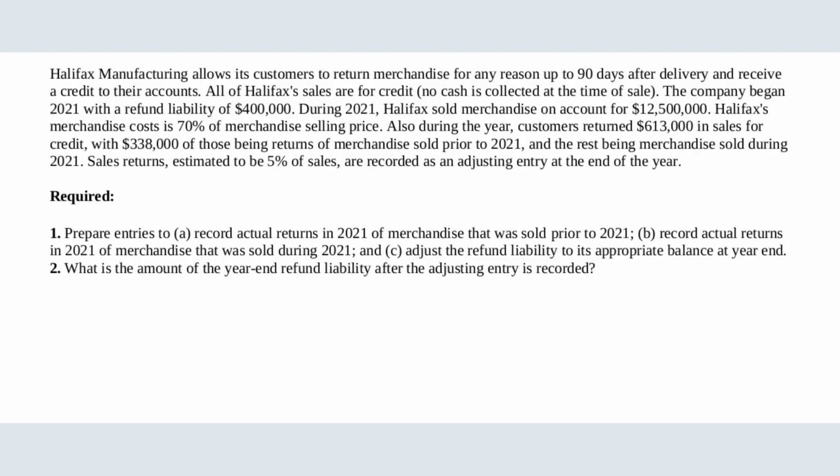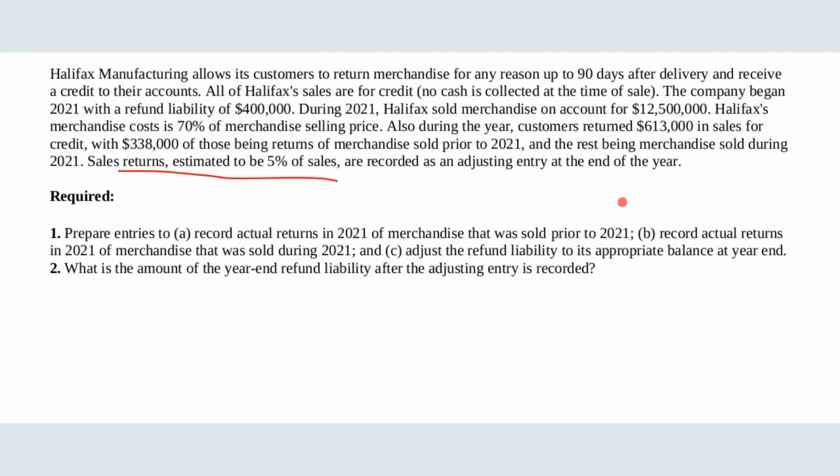So in this problem, they have estimated sales returns on current year sales, which are 2021, of 5% of sales. Okay, but we also have two tiers that we have to deal with. We have a return that belongs to a prior year sale, from 2020 or 2019 or whatever. And then we also have a return that deals with current year sales, 2021.